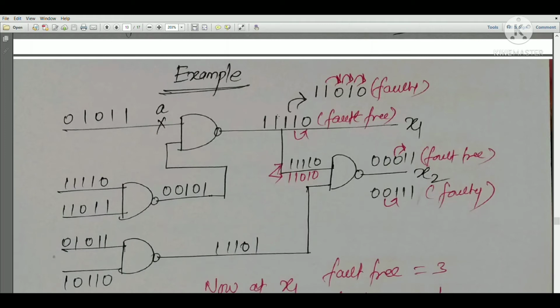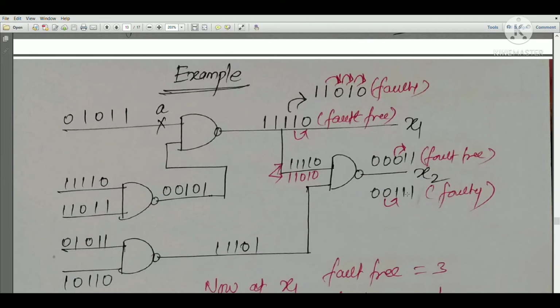Similarly, this output is connected as input to this. Now for this x2, there will again be two outputs, either fault free or faulty. Here you can see that the number of transitions from 0 to 1 and 1 to 0 is only 1, in the fault free case as well as in the faulty case.